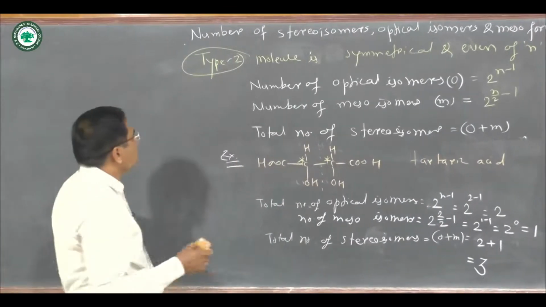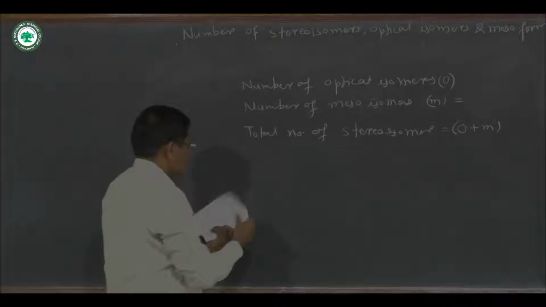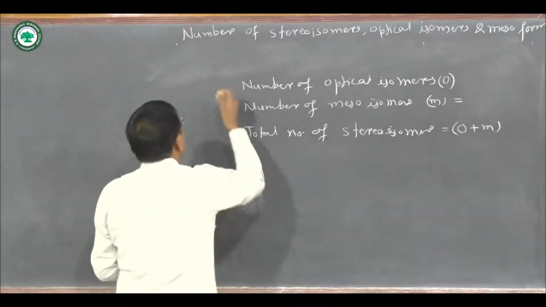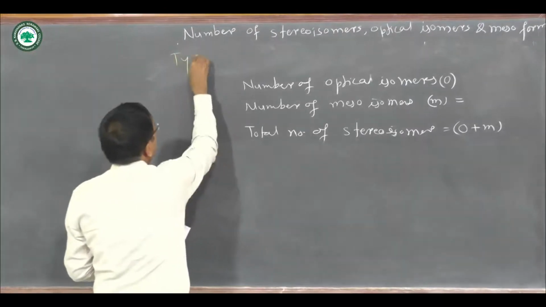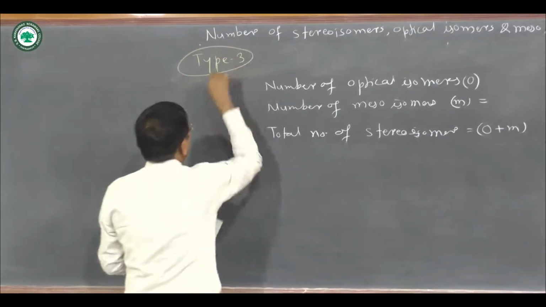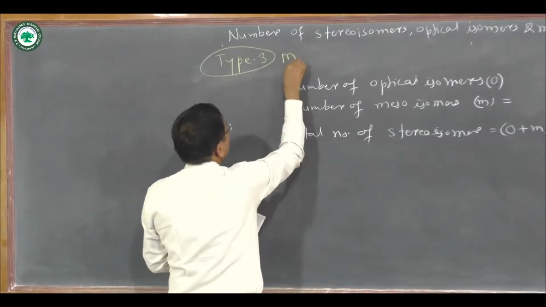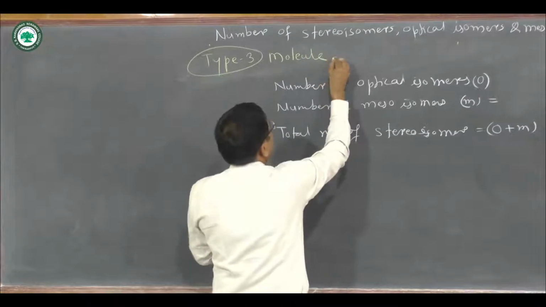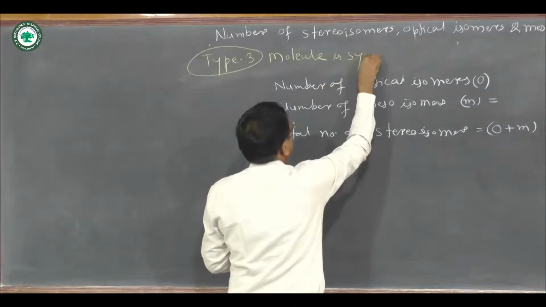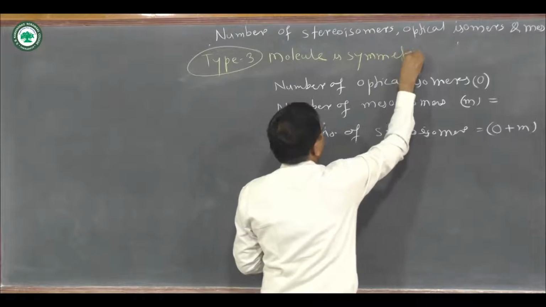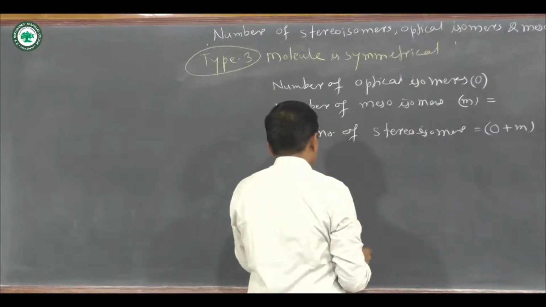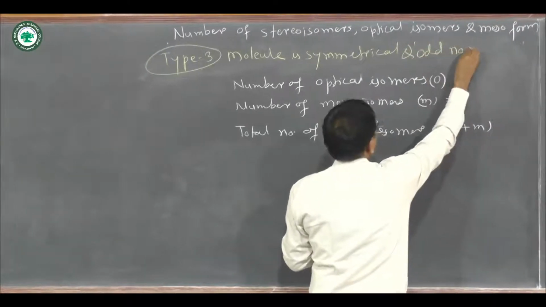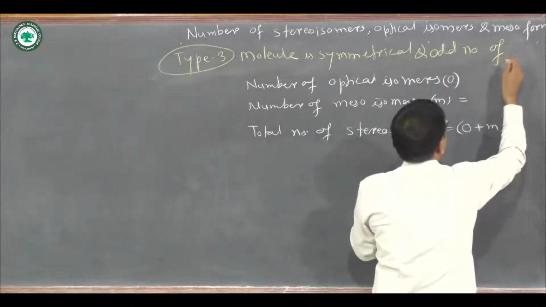Now we will move towards the third type. Type 3: the molecule is symmetrical and has an odd number of chiral centers.